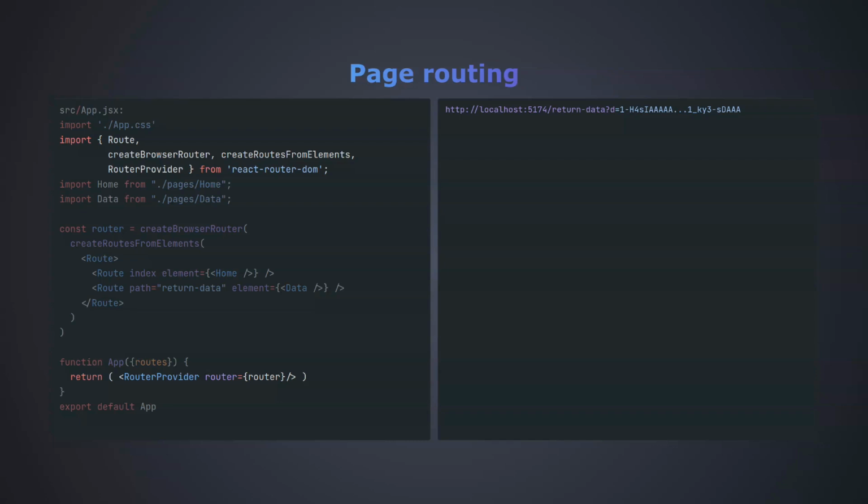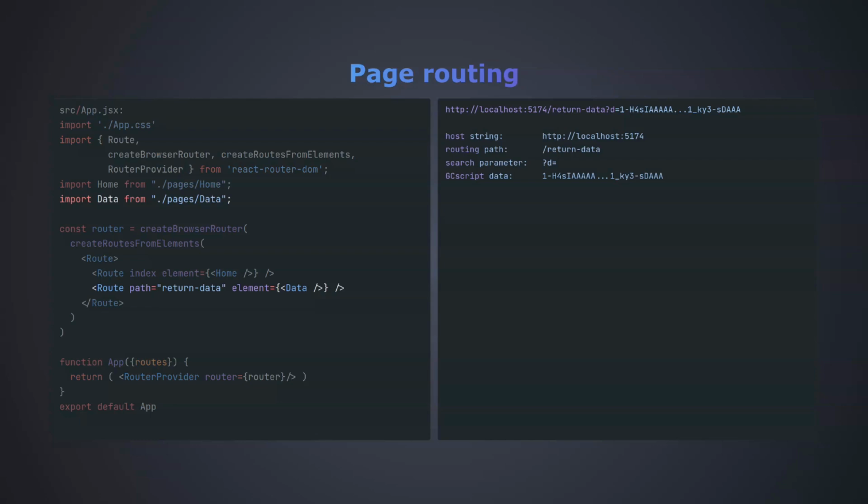How do we make the page react to the link that is different, because this link contains the return data? This is done by adding a router to our framework, and in this case it's done by React Router DOM.